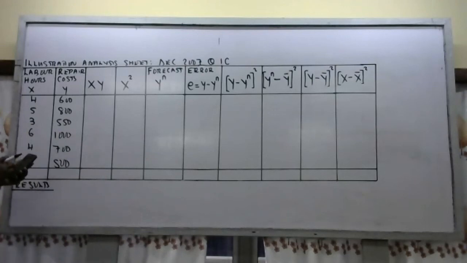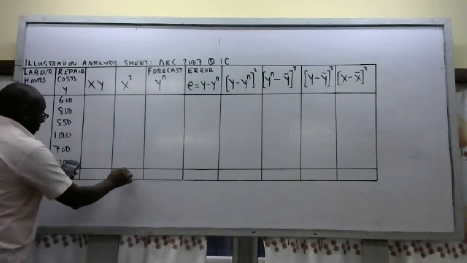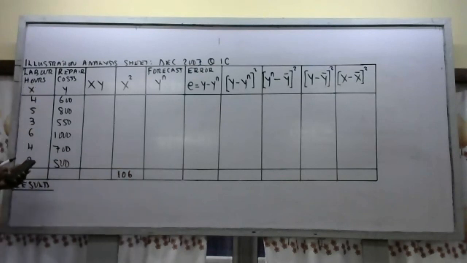So it is 4, 600 m plus 5, 800 m plus 3, 550 m plus 6, 1,000 m plus 4, 700 m plus 2, 500 m plus. So shift x square. If you come to x square, it is giving me 106. That is the total. Sum of x is 24.